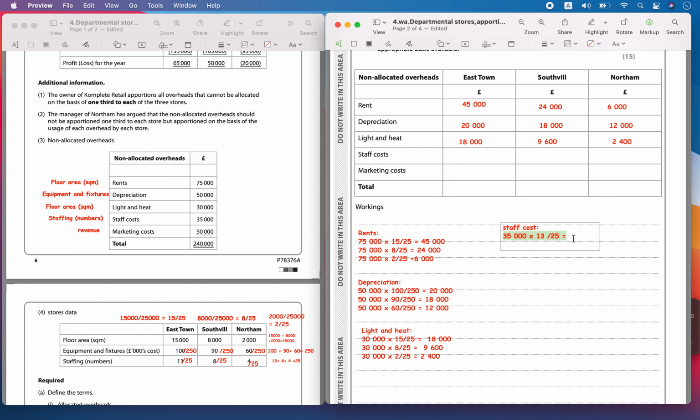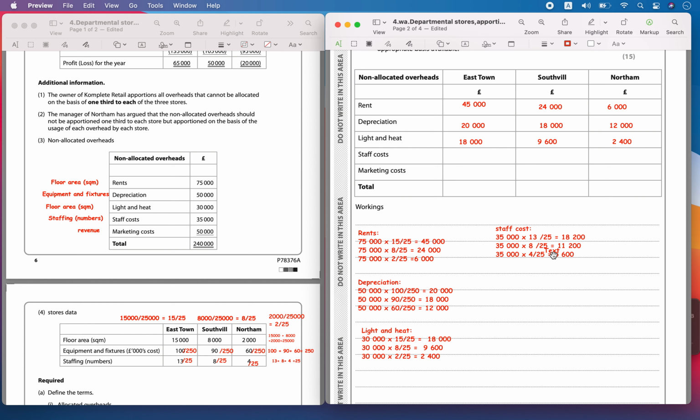So 35,000 is going to be split in the ratio of 13, then 8 over 25 for the Southwell, and for the Northam, it will be split in the ratio of 4 over 25. Now let's calculate these values: 18,200, then 11,200, and then 5,600.